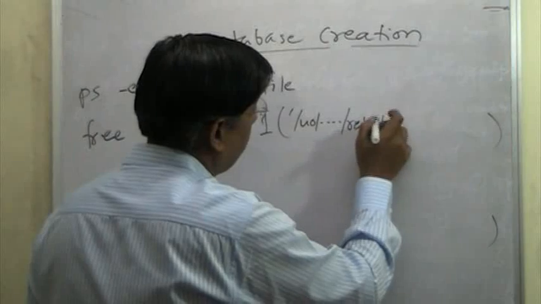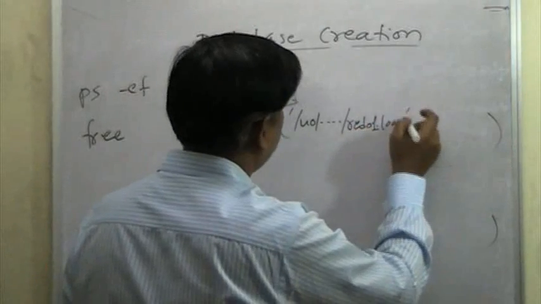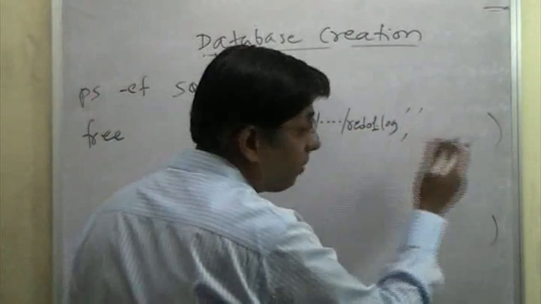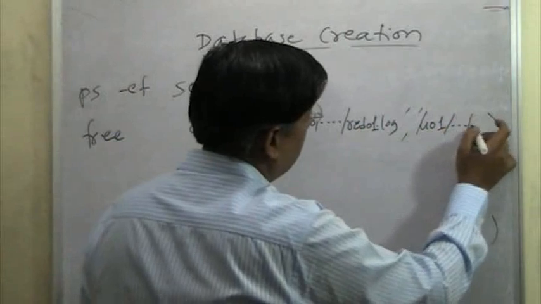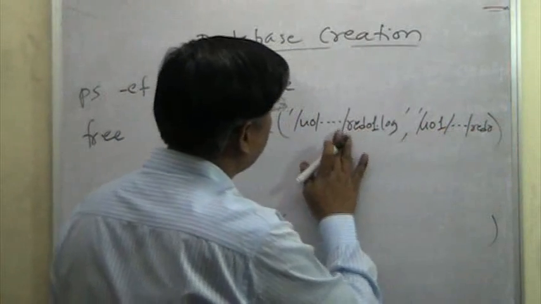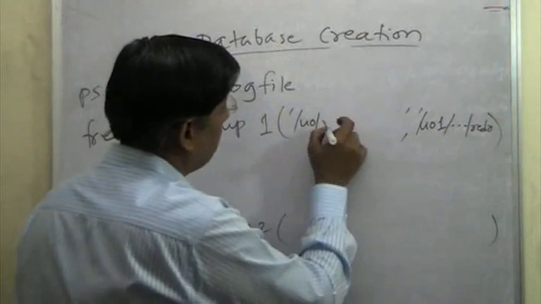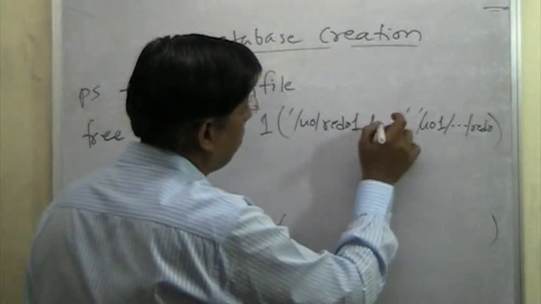Redo 1 dot log and then comma. If you want to have another member, you give U01 redo, I need to give a better name here. I would say redo 1 maybe 1 dot log.